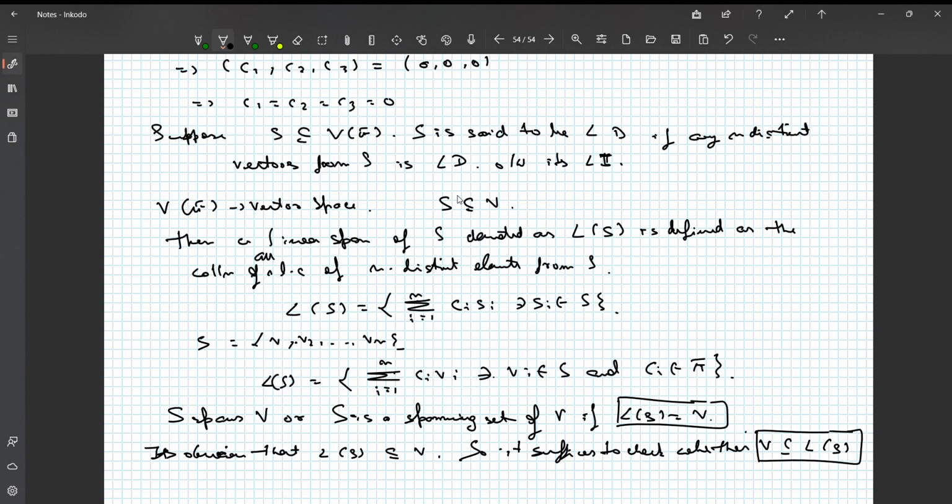Because if it does, then we have inclusion on either side, so V must equal L(S). Clear? Got it?